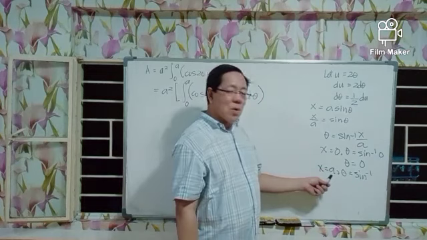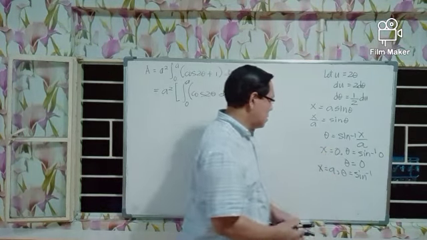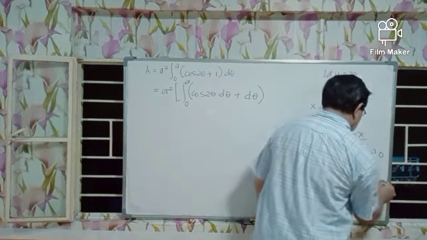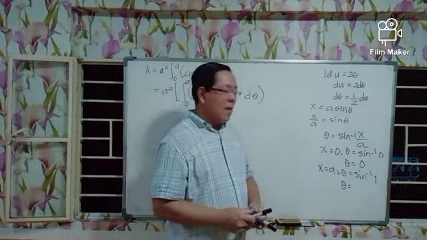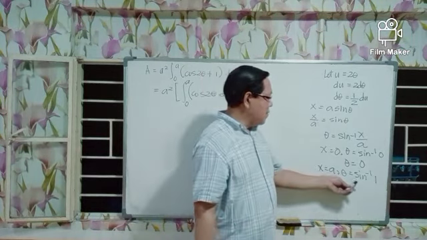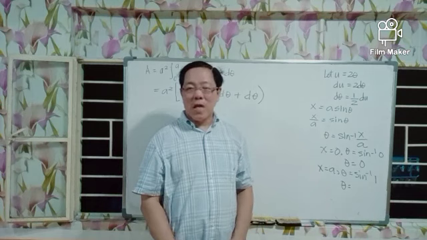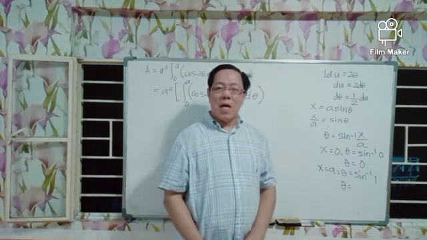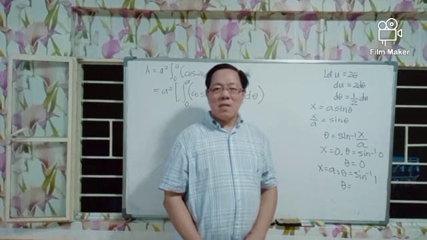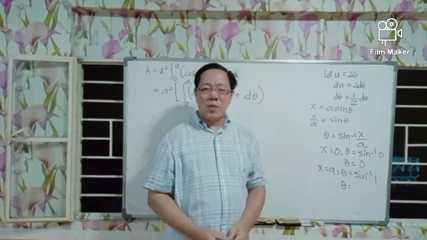Hence, when x equals a, theta is equal to inverse sine of 1. That means we are looking for the value of theta in radians whose sine is 1. And what is that angle in radians whose sine is 1? That angle is pi over 2.